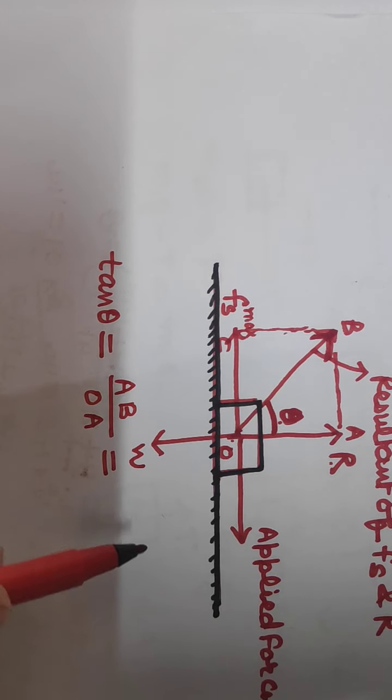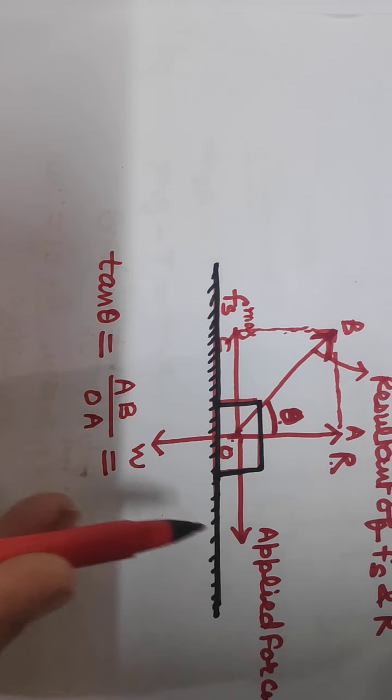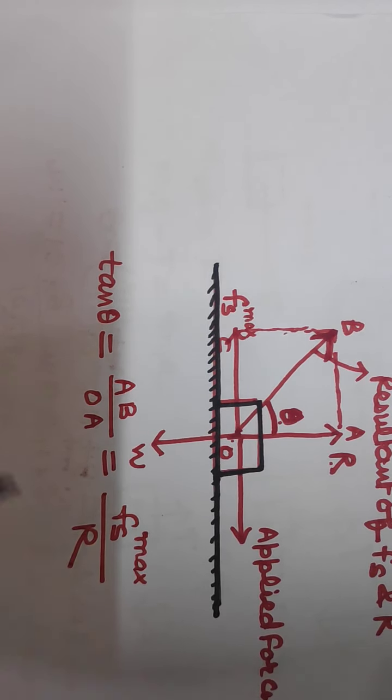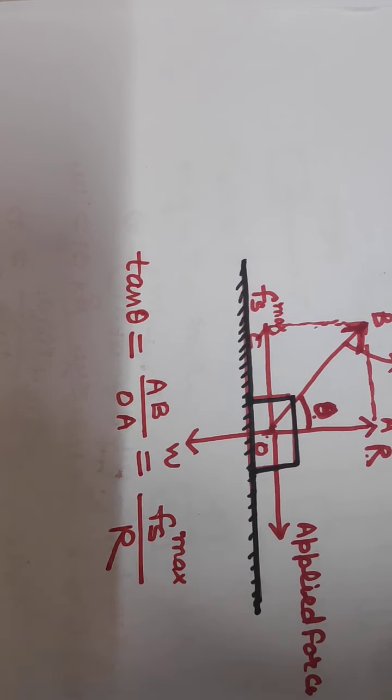AB is how much? AB is Fs. So Fs maximum upon R.